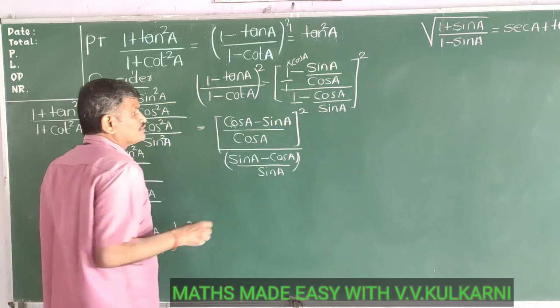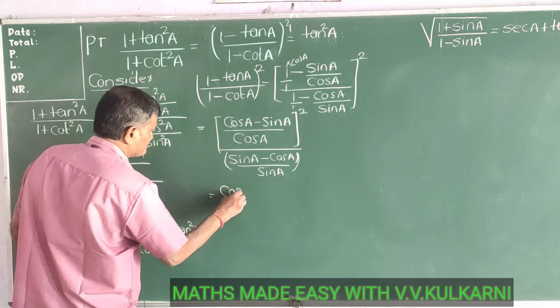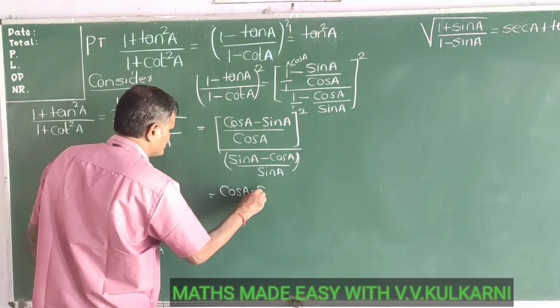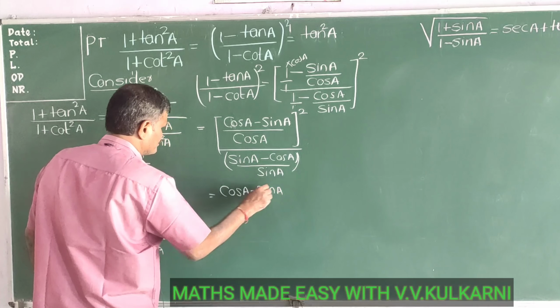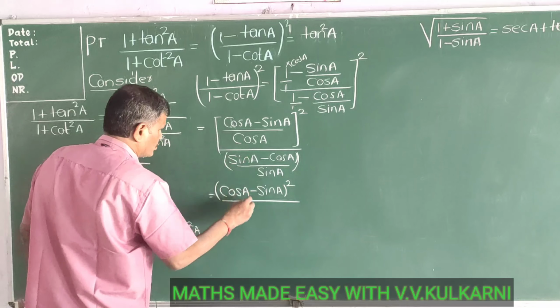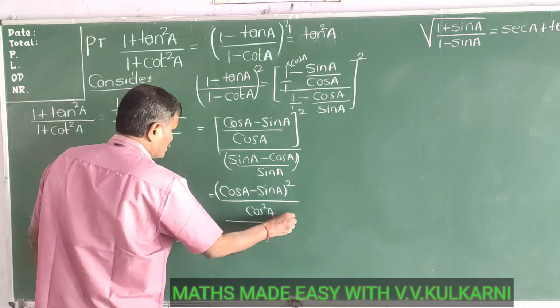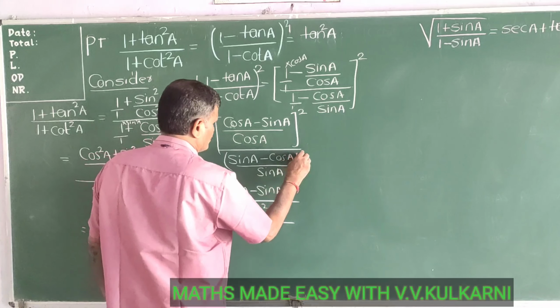This I can take as the LCM. Now if you further simplify, you get cos a minus sin a whole square. I'll write this as cos squared a, and this one sin a minus cos a whole square.